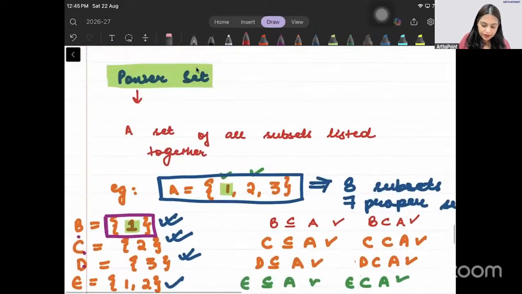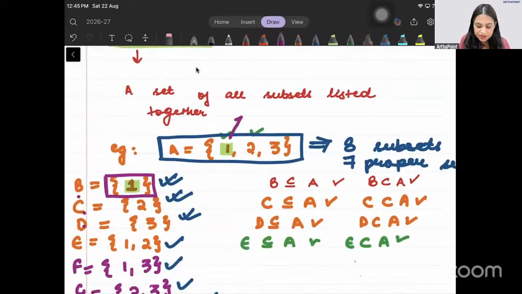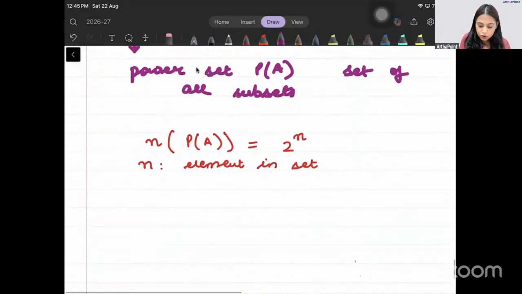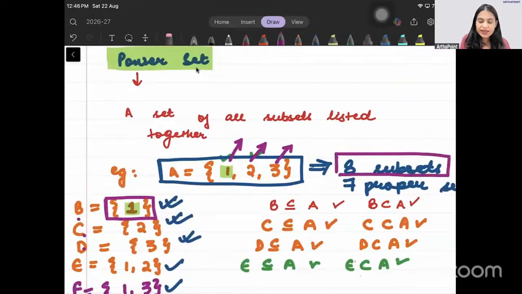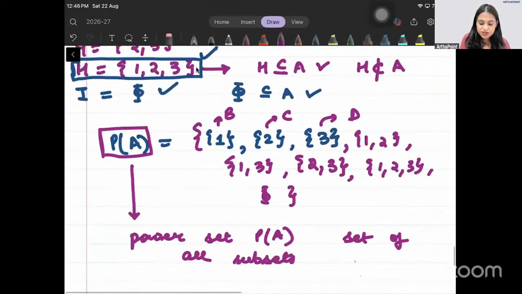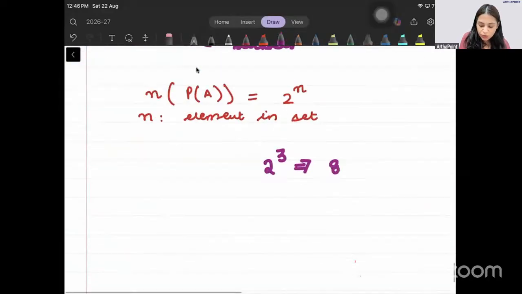For example, here there were 3 elements in the set A. There were 3 elements, right? So if I do 2 to the power 3, I will get 8 elements. Here 8 are coming. We have written 8 subsets together. So I notice that there are 8 elements.